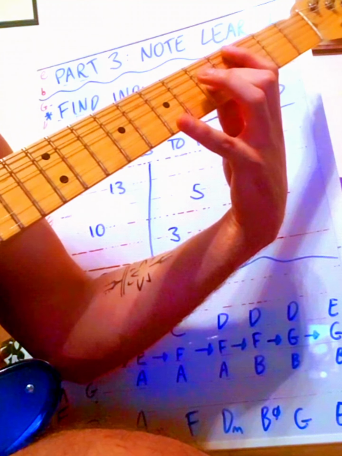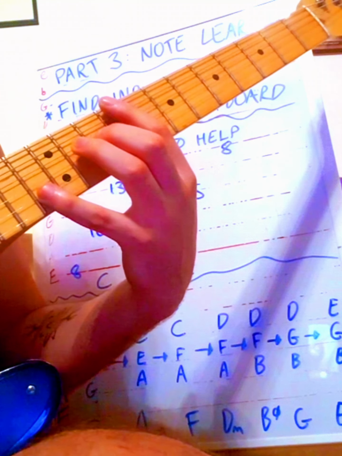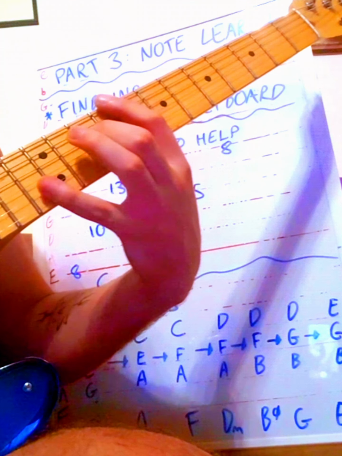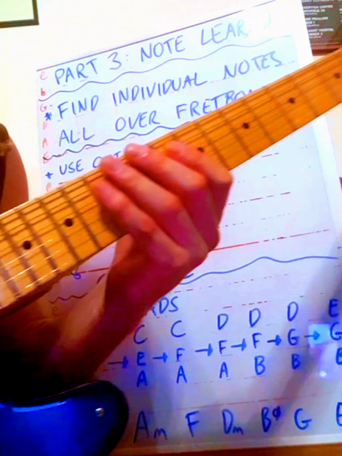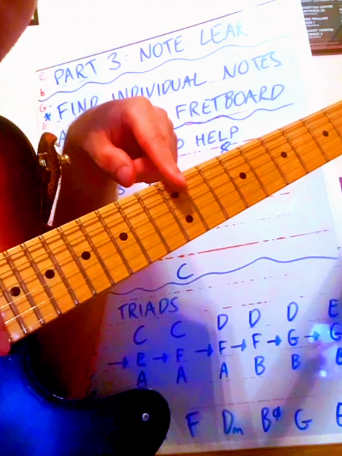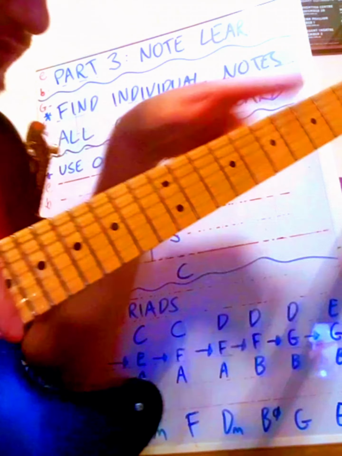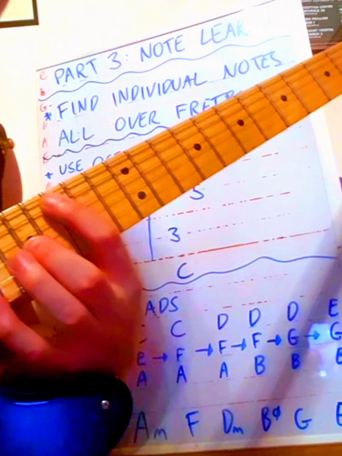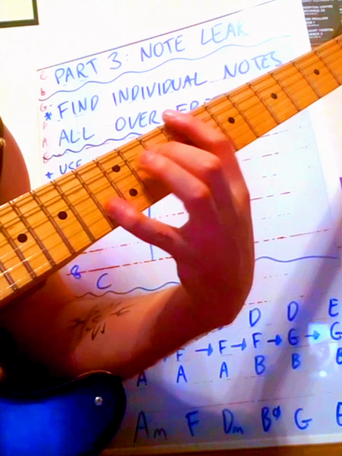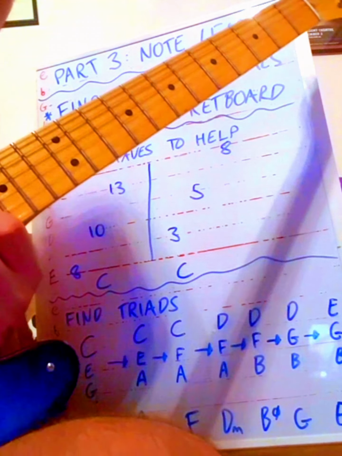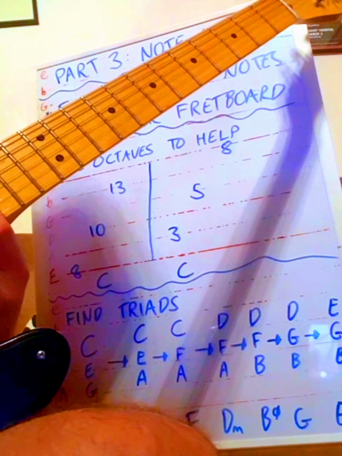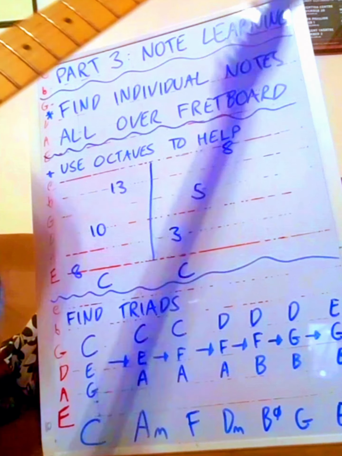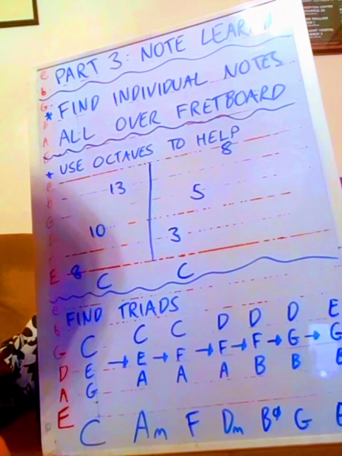So if you go through those, you've just covered 6 different places where you can find a C. And remembering that other idea that this little section of the fretboard from 12 up is a repeat of this section, so then we go, and that's just the same as that. So when you simplify it down to that, it's really not that tricky to start finding your notes on the fretboard, alright? So have a play around with that idea.